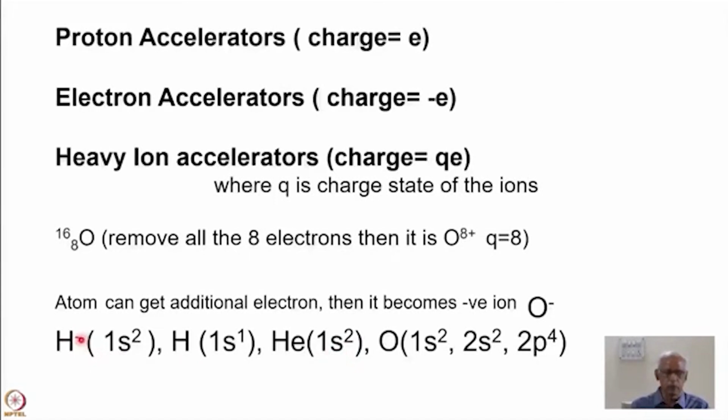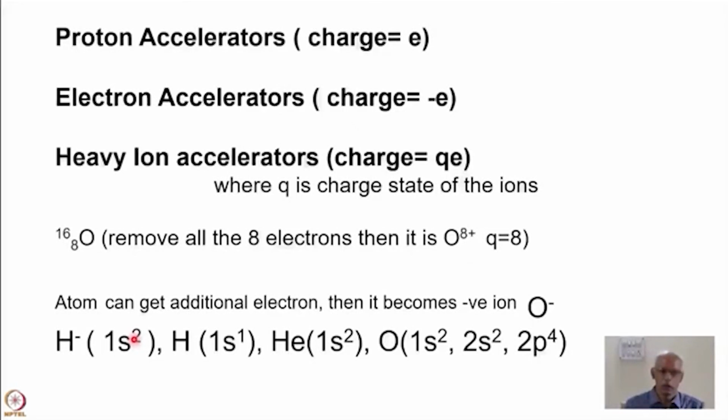If you add 1 electron to hydrogen, then that extra electron can still sit in the s orbital, since it can easily accommodate one more, so it will be 1s2, which is a stable configuration. While in the case of He minus, if you try to add 1 electron, 1s2 is full, so it will have to go to the next orbital.